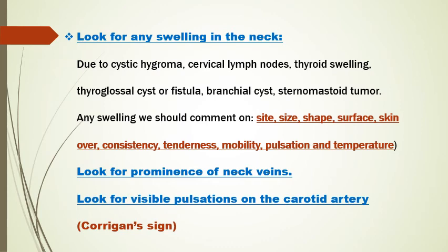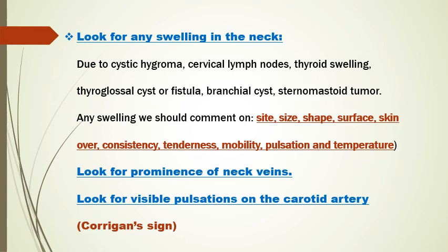Look for any swelling or mass in the neck, as in case of cervical lymph node, thyroid swelling, thyroglossal cyst, branchial cyst. And when there is a mass in the neck, I must comment on the site, the shape, the size by measuring the length and the width of the mass. The site: the mass is present on the left or lateral side of the neck, up or down.